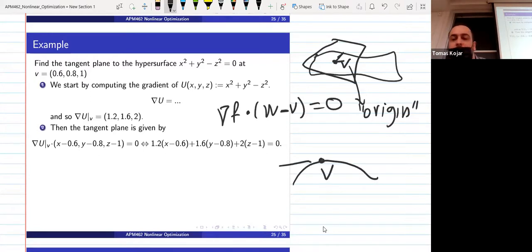Here's v, here's the tangent line. This is not a tangent vector, this is not, this is not, but these two are. It's not easy to find them; there are a lot of bad choices.